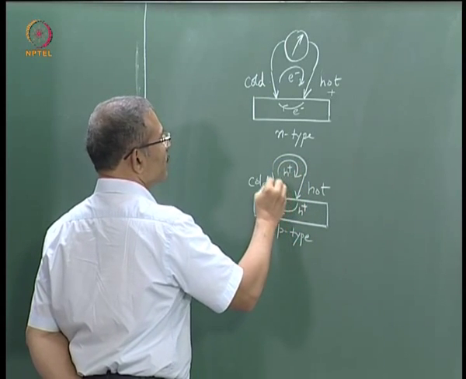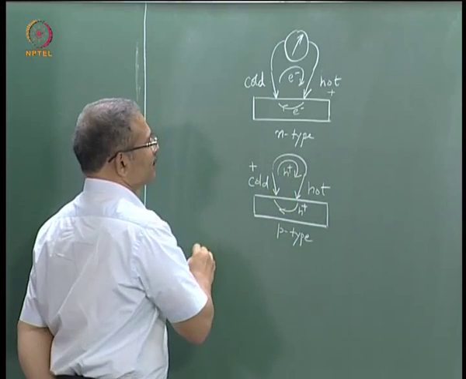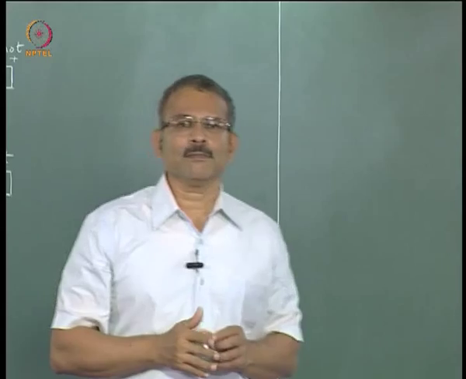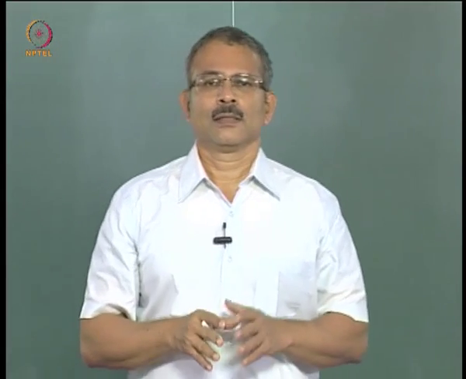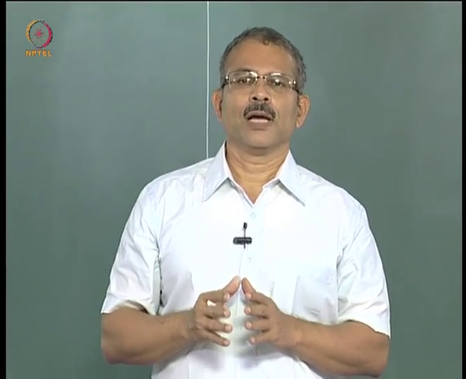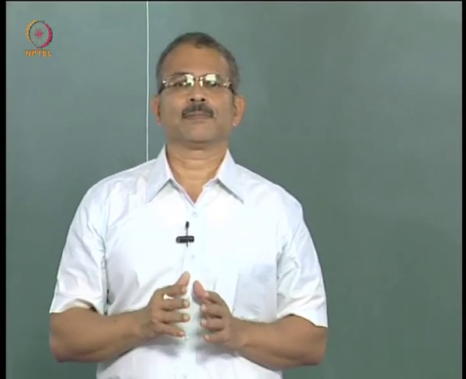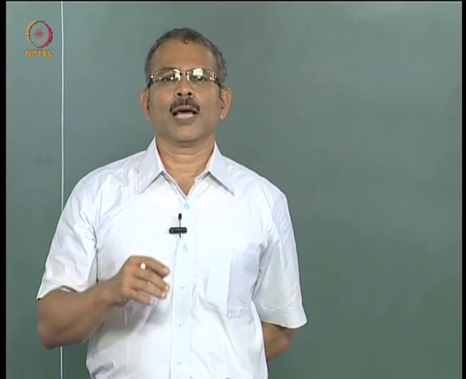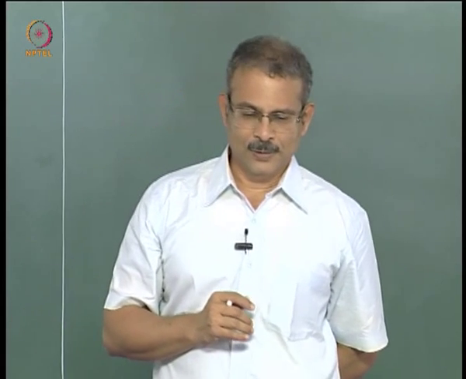Now in this case therefore the cold end would be positive. So if the hot end is positive, then you know it is an n-type sample. If the cold end is positive, it is a p-type sample. So thermoelectric current is used for detecting the polarity of the semiconductor sample.